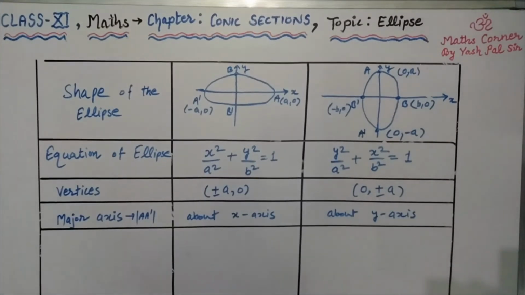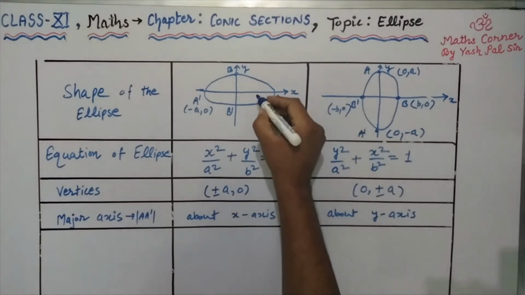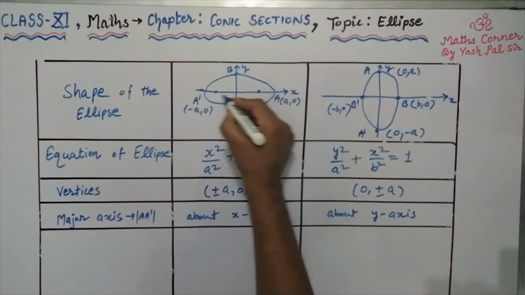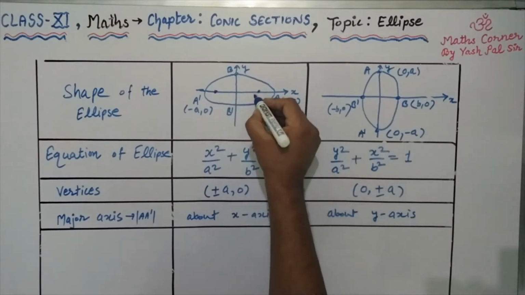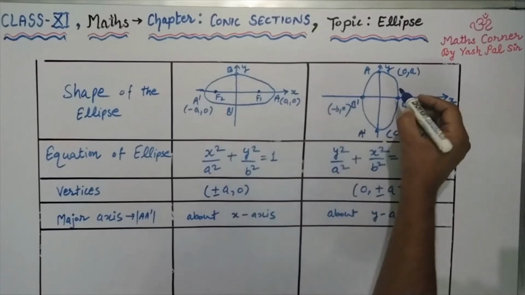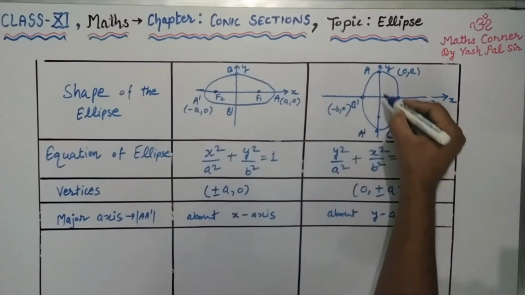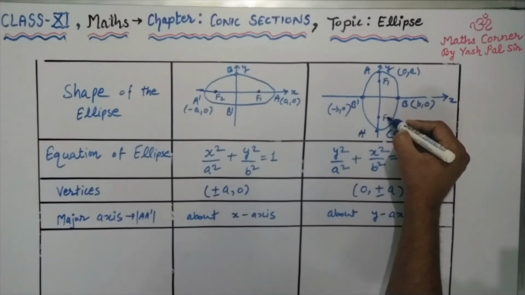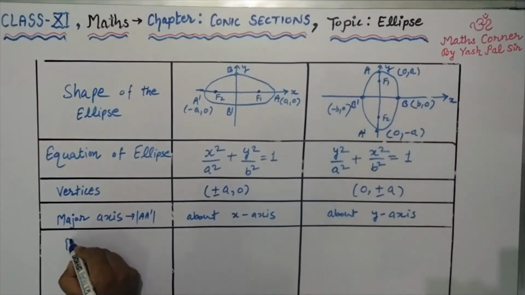Next is the focus. We know that fixed points are called focus. One focus point, second; the plural form of focus is foci, F1, F2. Here in this case we have F1 is this and this is F2. So we write here foci.